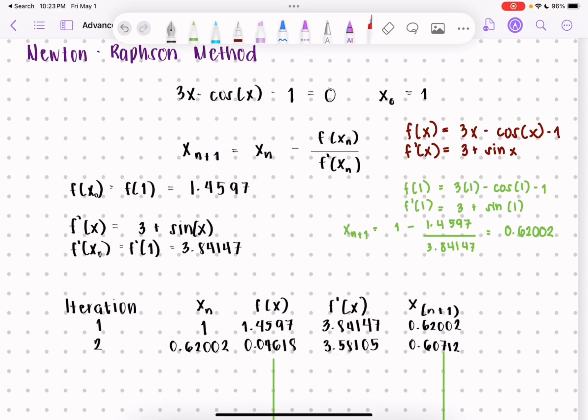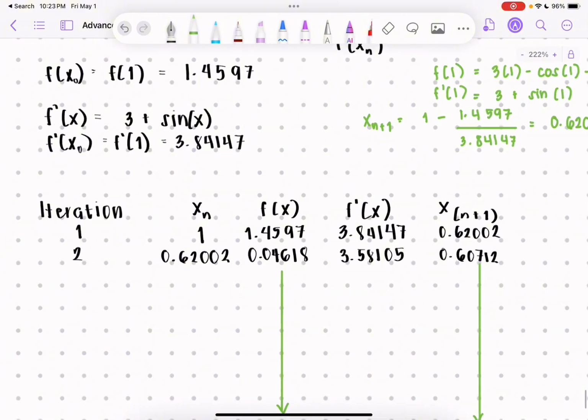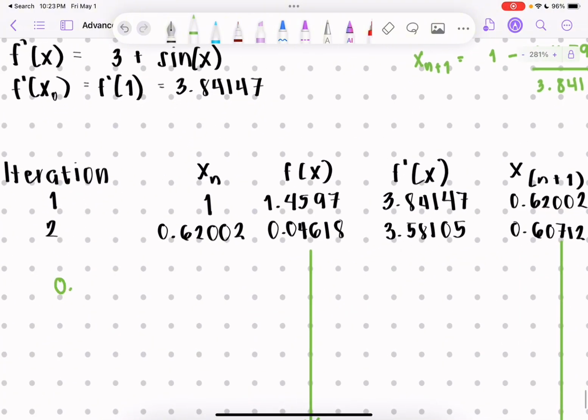And I got this value by subtracting: 0.62002 minus f of x, 0.04618, divided by f prime of x, that is 3.58105.